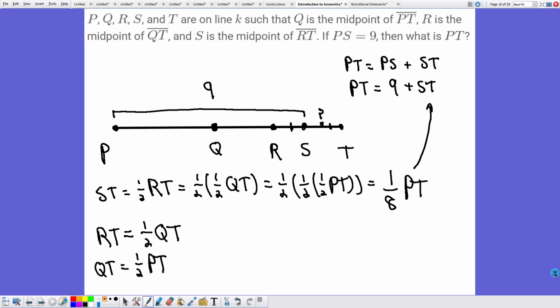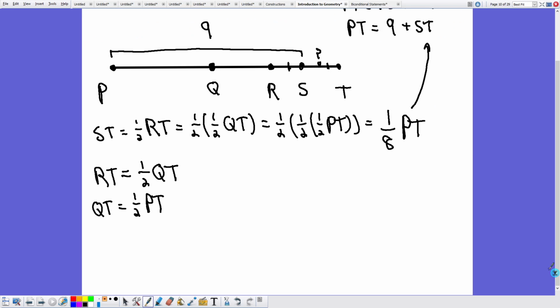So let's give ourselves a little bit more room. So PT is equal to 9 plus, again, replace ST with 1/8 PT. And now we have an equation with one unknown, and since we only have one unknown, you can think of it almost like a variable. We can solve for PT.